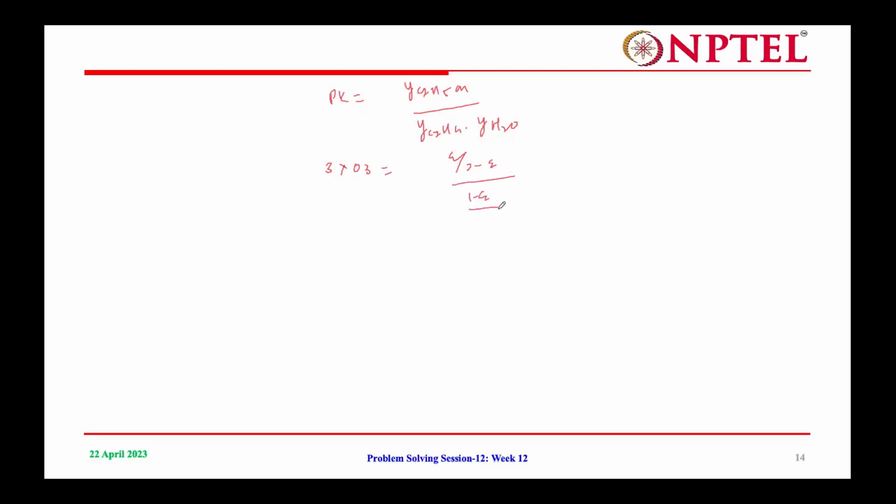So 2 squared, right? 1 by 3. This is 0.9.